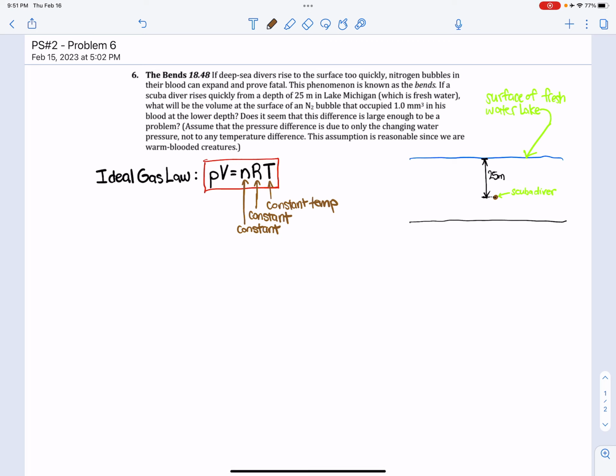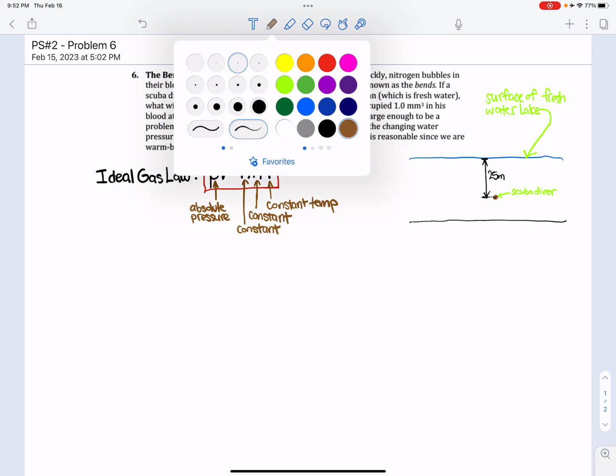And as for pressure, I'm going to have to find the initial and final pressure of, which I can do, and we will get to that. However, I just want to point out that this pressure in the ideal gas law is the absolute pressure, okay? So P is absolute pressure, or the true pressure, all right?